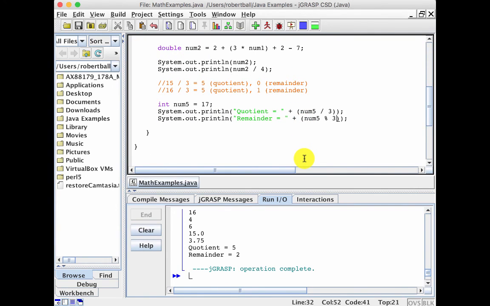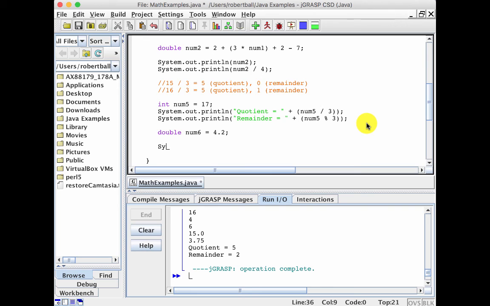You can do mathematics with integers or doubles, it doesn't really matter. But when you deal with integers, you have to understand that there's 2 parts for every division. With our double, we'll say num6 equals 4.2.